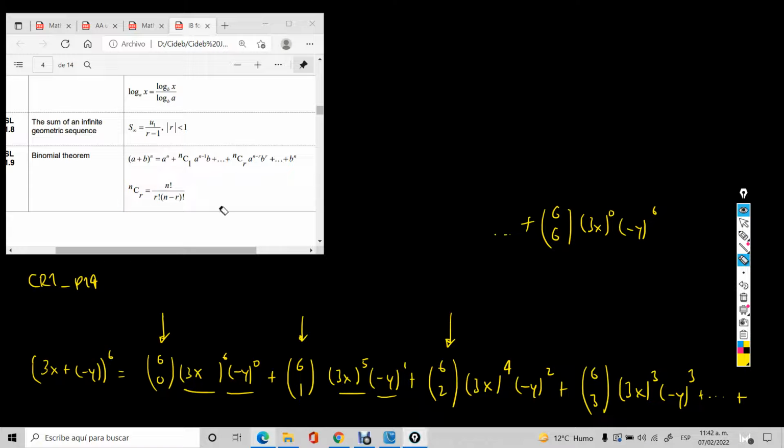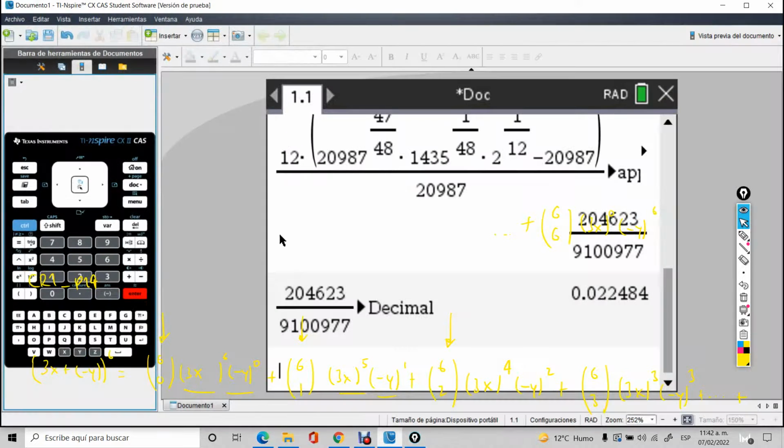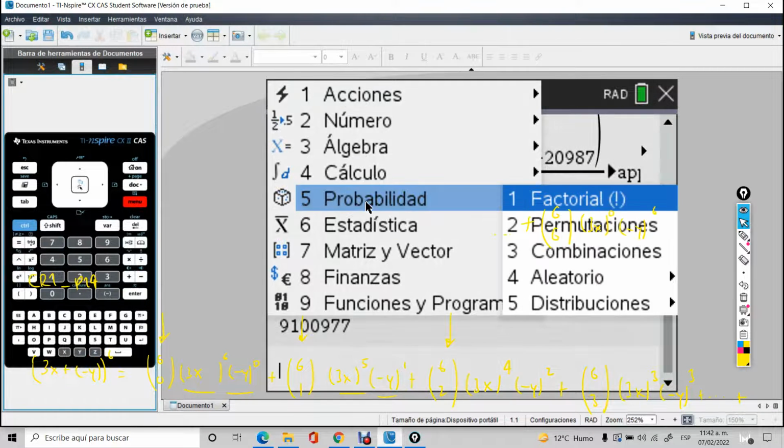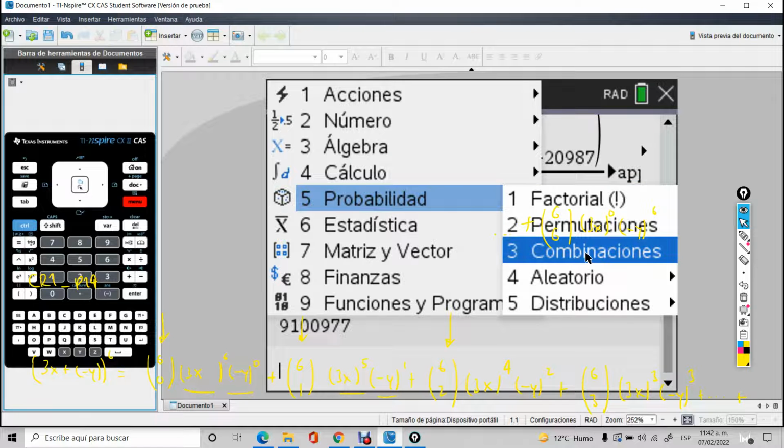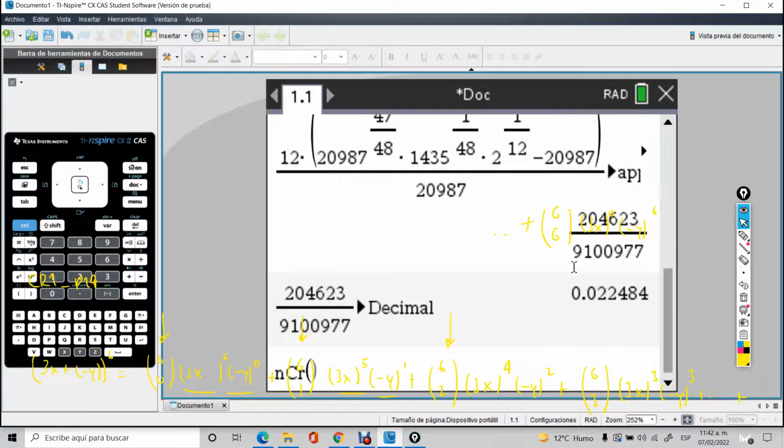So how do you find that number? It's like this. You're going to go to menu, probability, combinations, click on this, and you have that symbology, n choose r.